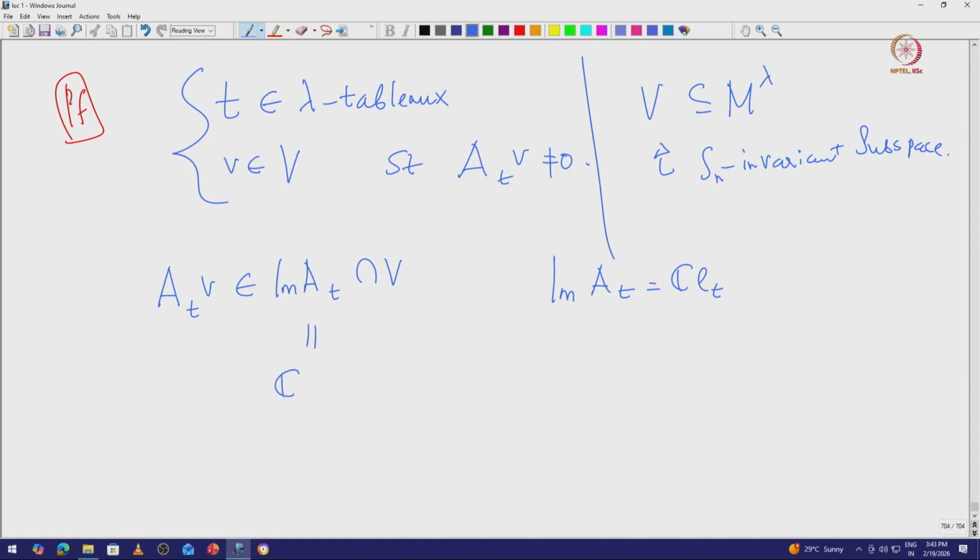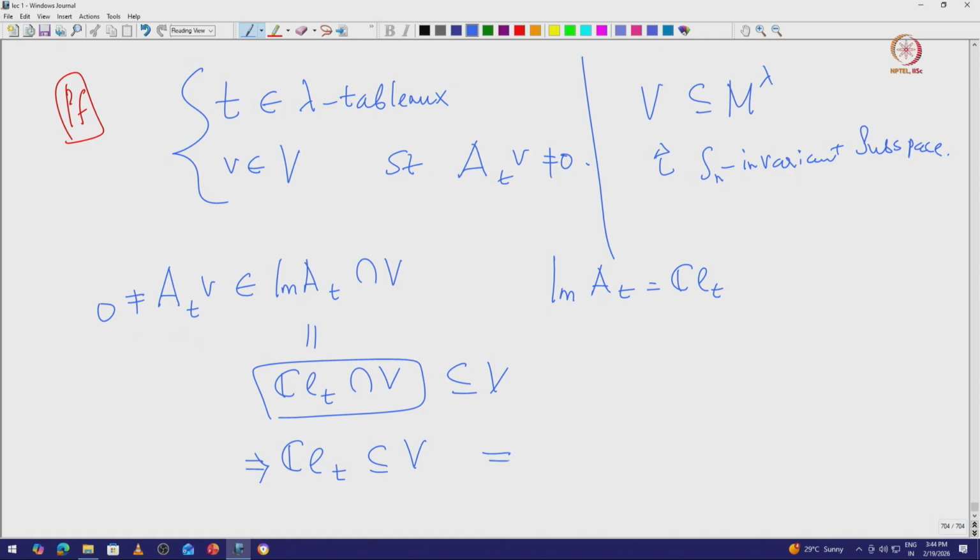So, this is exactly the one dimensional space C e_T intersected with V. It follows that C e_T should be a subspace of V, because we assumed A_T v is non-zero and this space is at most one dimensional.